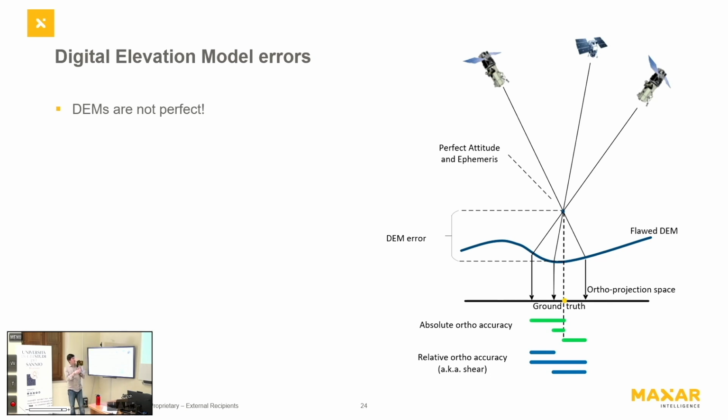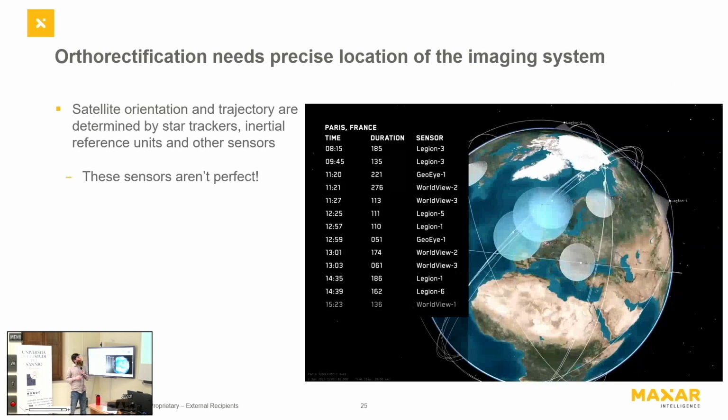Those are attitude and ephemerides. And those are measured with instruments that we use, for example, star trackers. Star trackers on board are sensors that look at where stars are. Based on where we see the stars, we know where we are in space. Those instruments are not accurate. There is a lot of uncertainty in all those orbits.